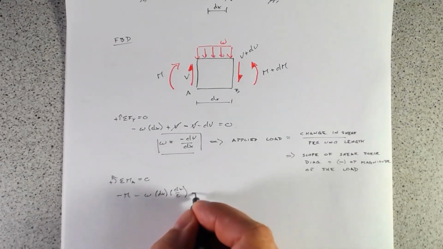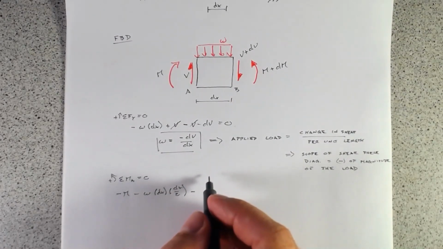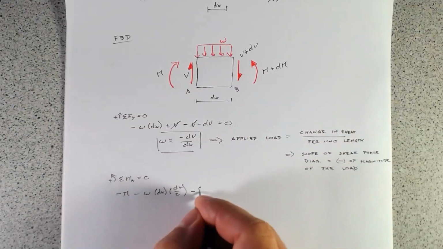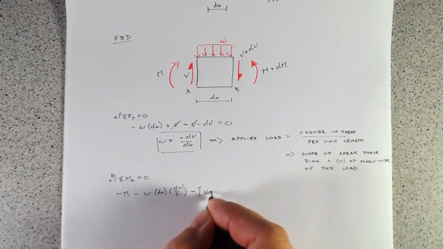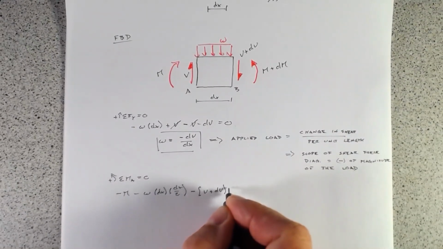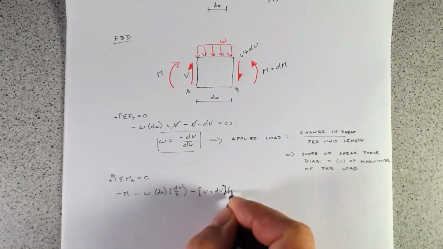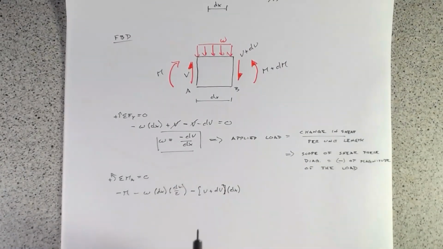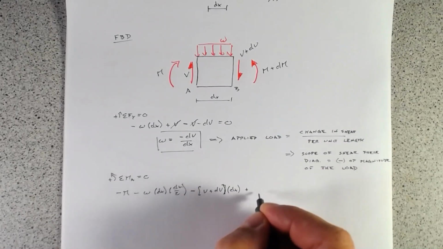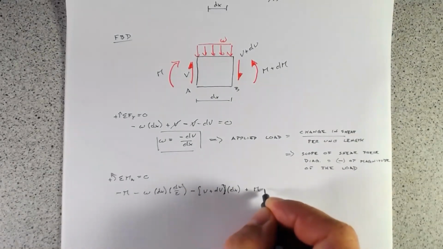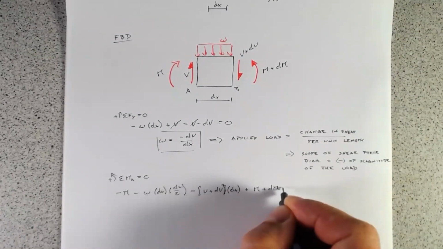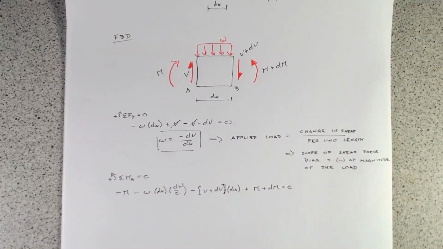Then we have minus V plus dV, all of that times dx, plus M plus dM equals 0.